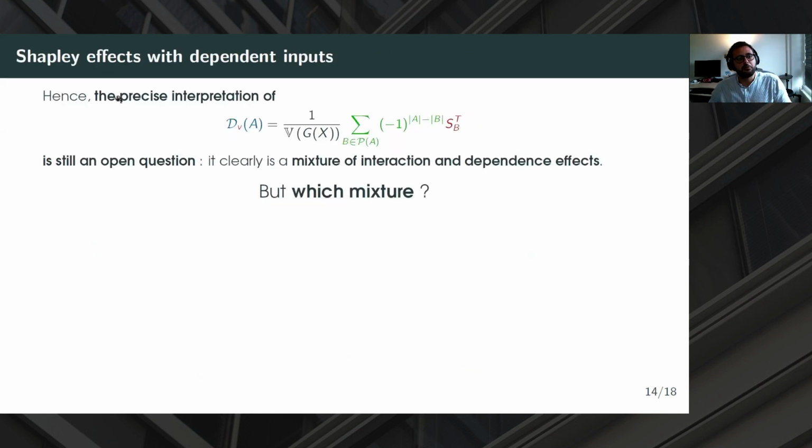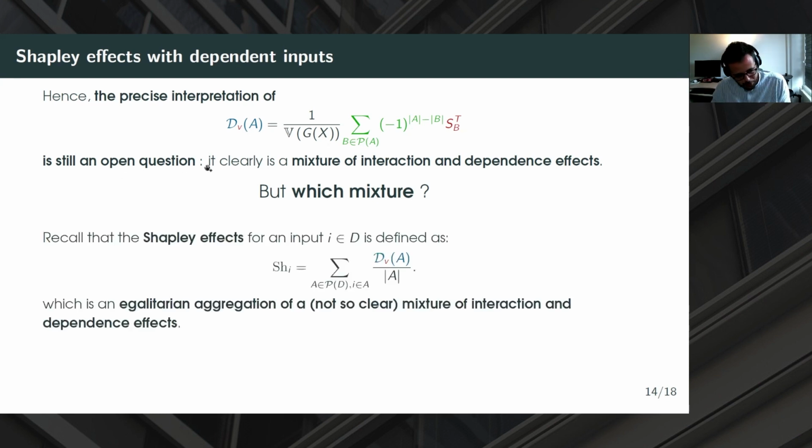So the precise interpretation of those quantities, the dividends, is still an open question. They're a mixture of interaction and dependence effects, but the question is which mixture? And we don't have an answer to that. And then we can recall that the Shapley effects are just the linear aggregation of those dividends, so we can understand them as being an egalitarian aggregation of a not so clear mixture of interaction and dependence effects, which hurts a bit.